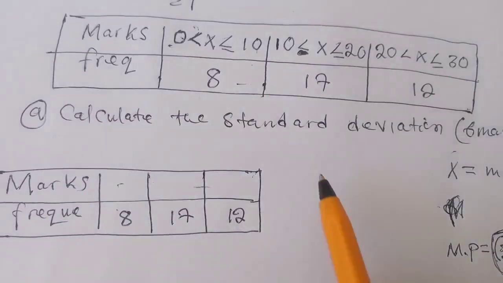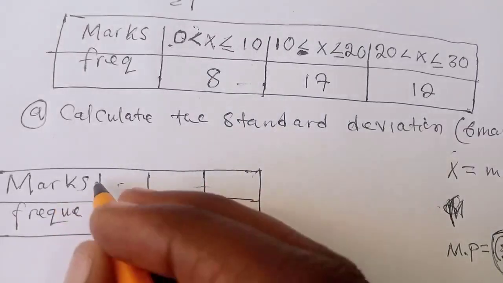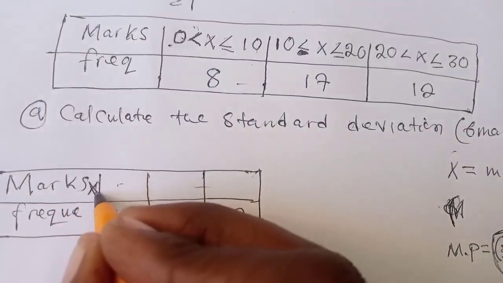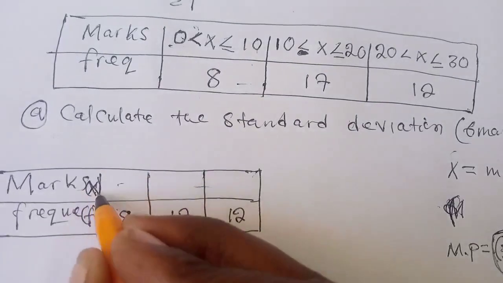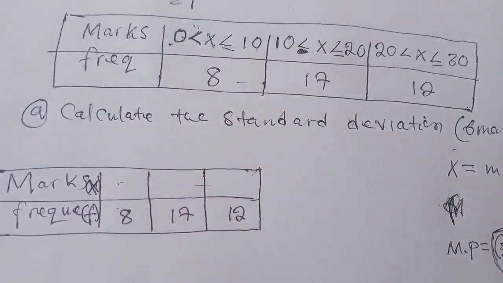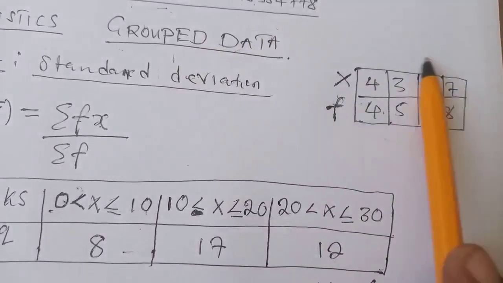So I said that if you want to find the midpoint, here this is where x is. This is where the frequency is. This is where the x is and where the frequency is, from what we did in the previous video.